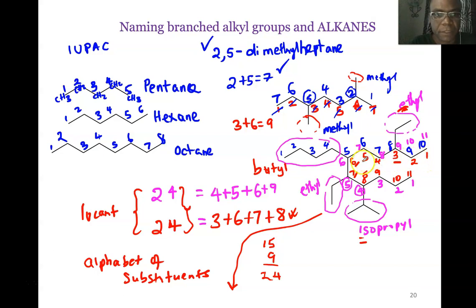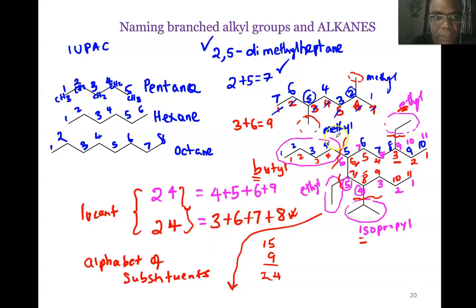So I see ethyl, I have a butyl. You have 1, 2, 3, 4 carbons in this substituent, right? There's an ethyl, there's a butyl, there's an ethyl, and isopropyl. So in giving the name, you have to start by prioritizing the alphabets. So B comes before all these others.